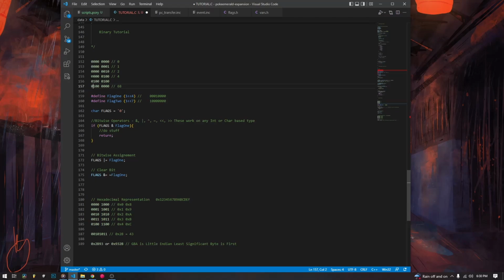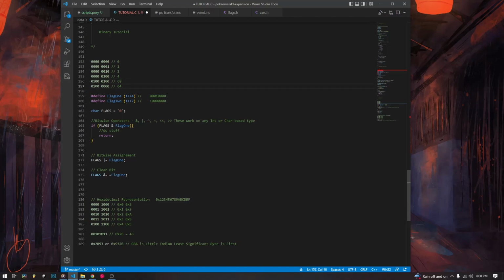So if we were doing 4 and 68 together, this one is off, this one is on because there's a 1 here but not here. Then we go through off, off, off. This is off as well because the 1 is here and here, so it's not exclusive. So this would be off, this would be off, this would be off. So it would be like this, and this would just be the number 64 at this point.